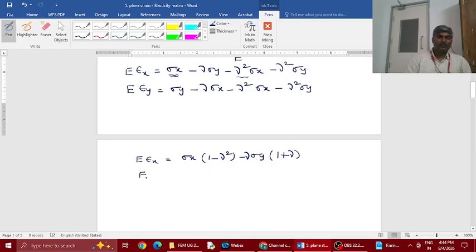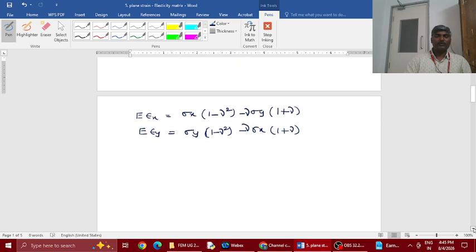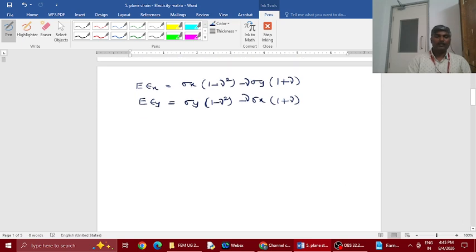Same way, in the second equation, I'll take sigma y. There are two terms with sigma y, so 1 minus nu square, and minus nu sigma x common, and I'll have 1 plus nu. Now you see here I have 1 minus nu square.